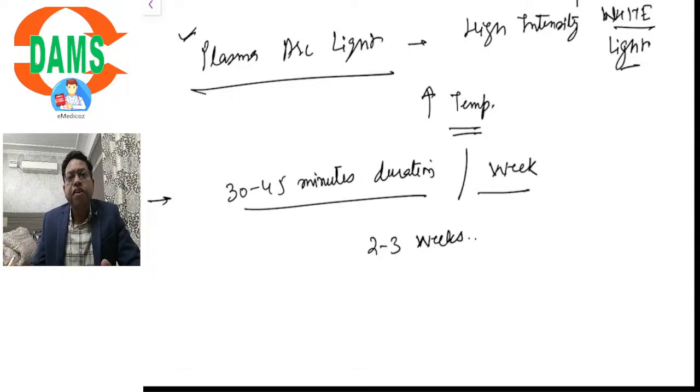If there is an improvement in the shade after the first visit, then only we continue to the second and the third visit, because at the end of the first session we'll know that this particular type of stain is responding to the bleaching treatment. Maximum 2 to 3 weeks we do the bleaching, and beyond that it is not advisable.